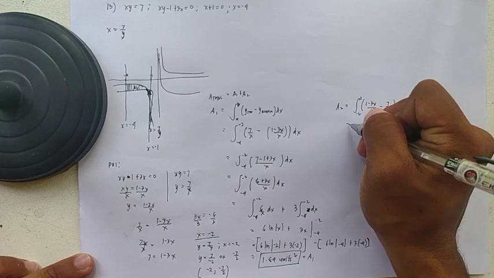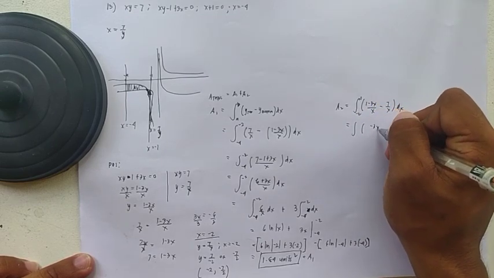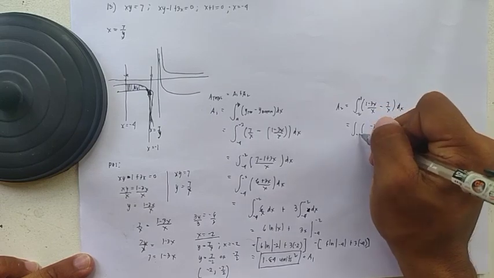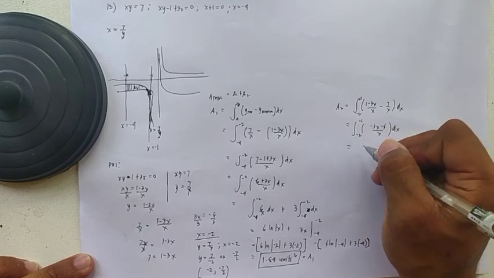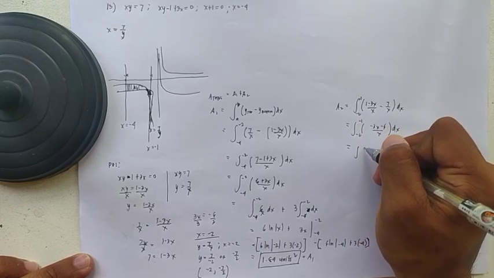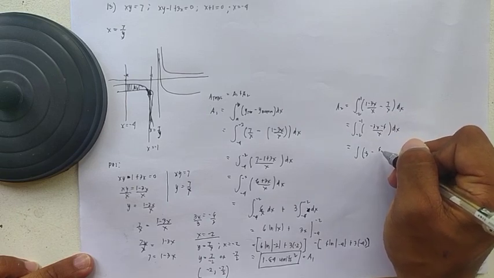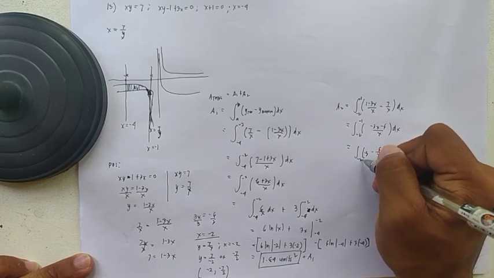So magiging area 2 equals to the integral of negative 3x minus 6 all over x dx from negative 2 to negative 1. Further simplify, magiging the integral of negative 3 minus negative 6 over x dx from negative 2 to negative 1.